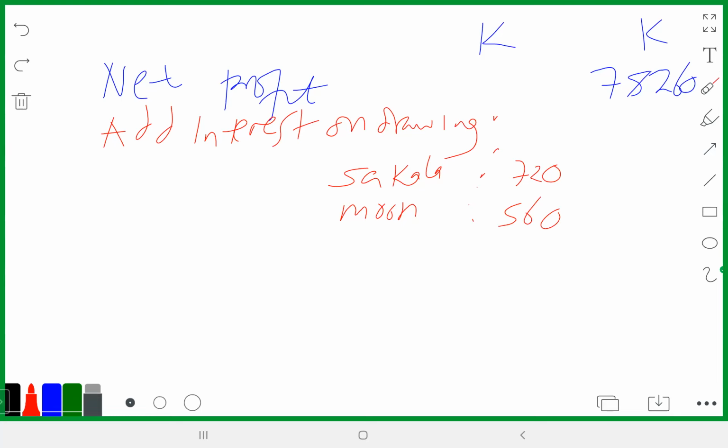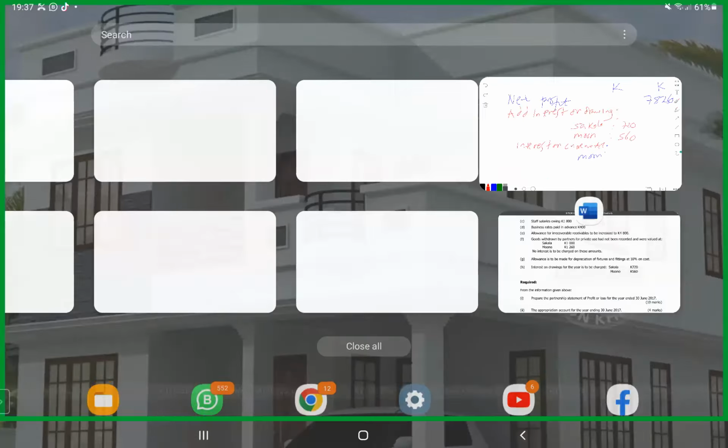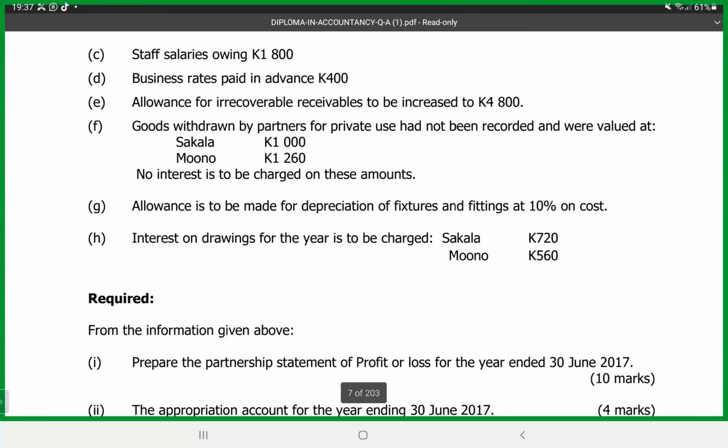You have to add as well the interest on current account. So is there any interest on current account? Usually in this case, we have the interest on current account for Mono. And that should be how much? Let's go back to the data set given.